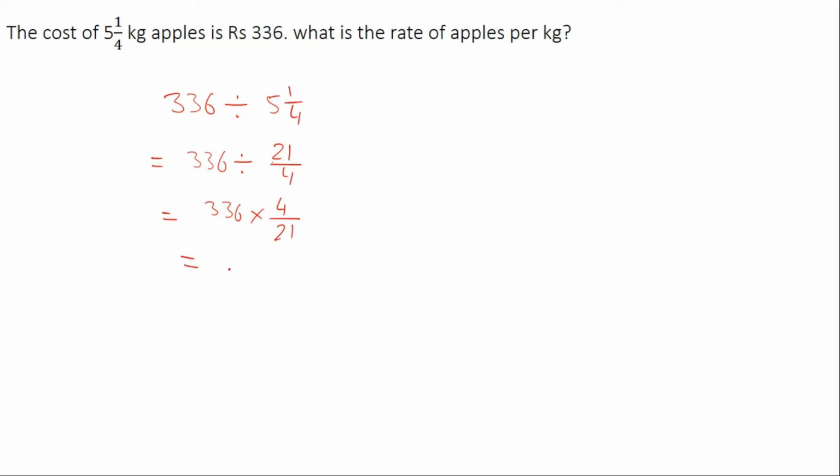So when you solve it, you will get the answer 64. That means the rate of apples per kg is rupees 64.